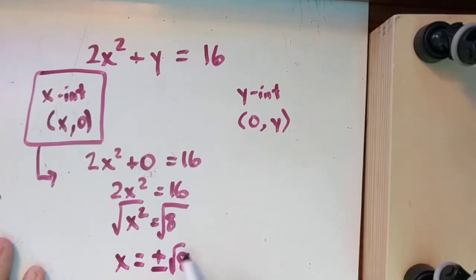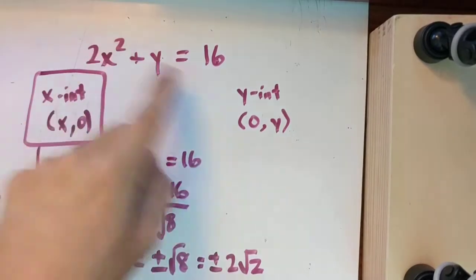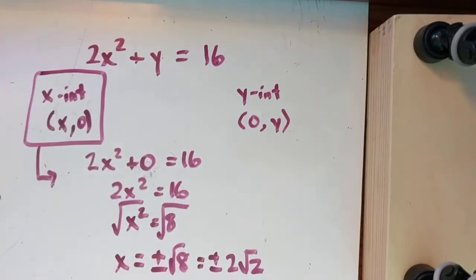And I trust that you'll know how to reduce the radical like you did in Math 171. So that would be plus or minus 2 square root 2 for the simplified radical answer. So what do we know about these two numbers? One's positive, one's negative, and these are the x-intercepts for the graph of this equation.